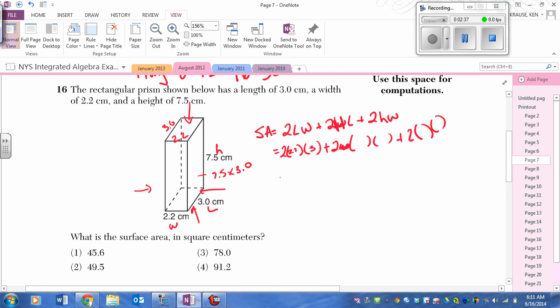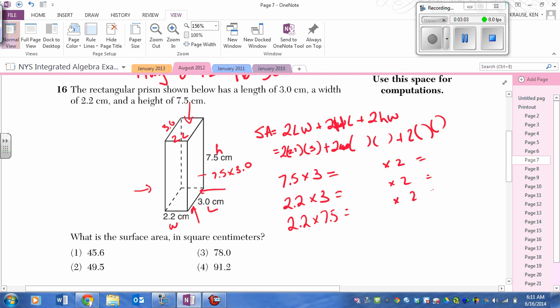So 7.5 times 3 equals, and then we're going to end up multiplying by 2. Then 2.2 times 3, that's a number, and I'm multiplying by 2 because it's 2 of those, and then finally 2.2 times 7.5. These problems are such a pain in the neck.